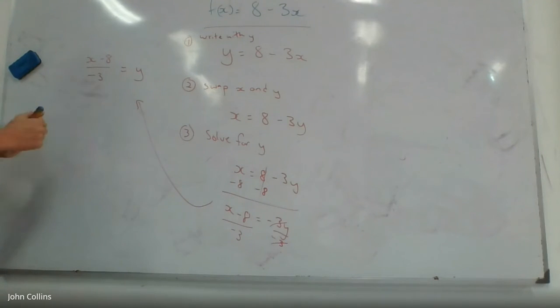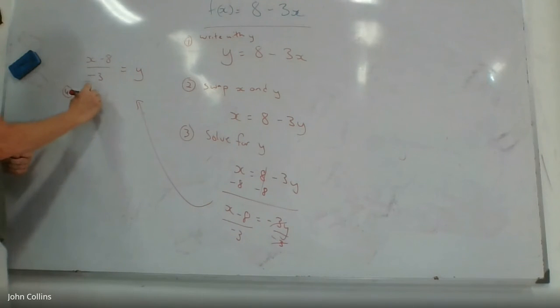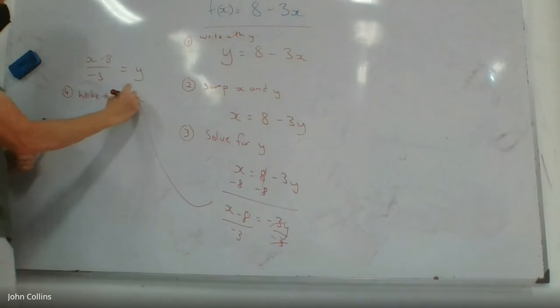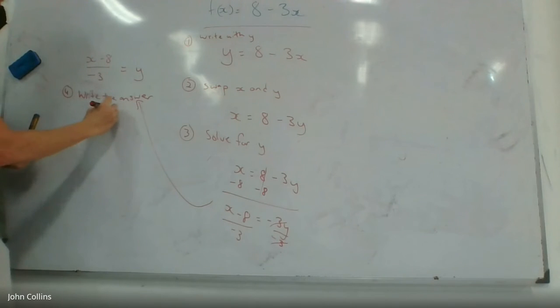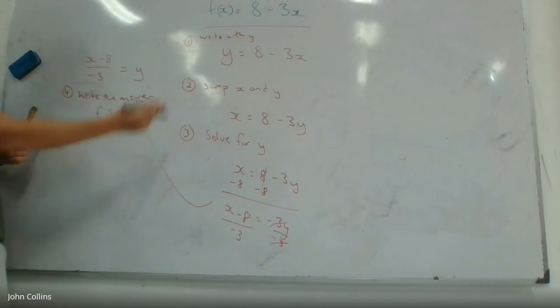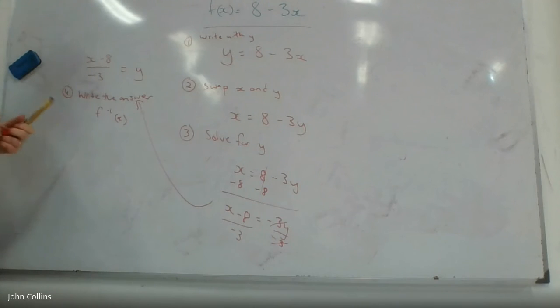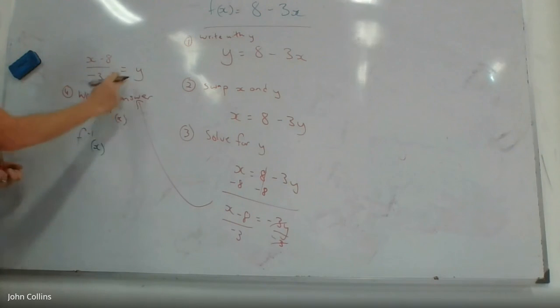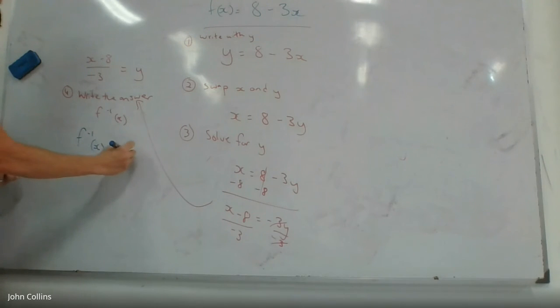How do I write my answer? Write the answer with f minus 1 in it. The question had an f of x in it. The inverse will be written f minus 1. So the f minus 1 function, instead of y, is x take away 8 and divide by minus 3.